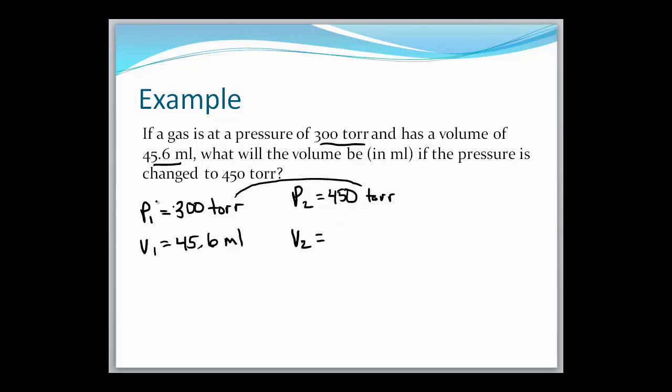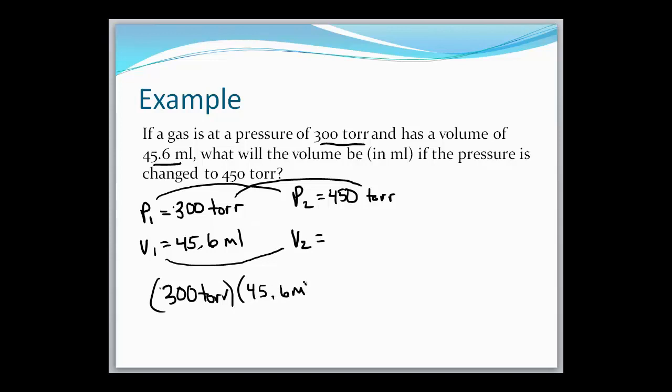So in other words, your pressure units have to be the same and your volume units have to be the same. So if we set this up, 300 torrs, that's our P1, times V1, 45.6 milliliters, equal to P2, 450 torrs, times V2.